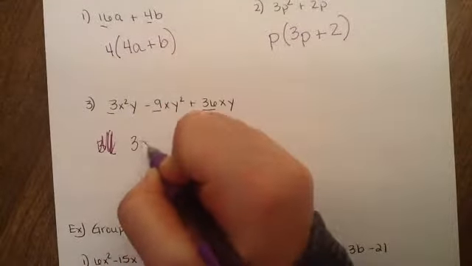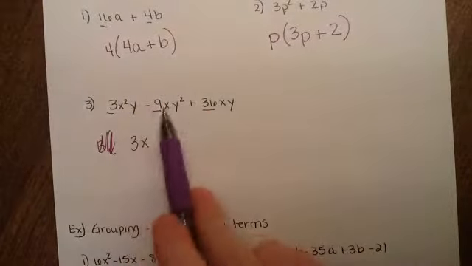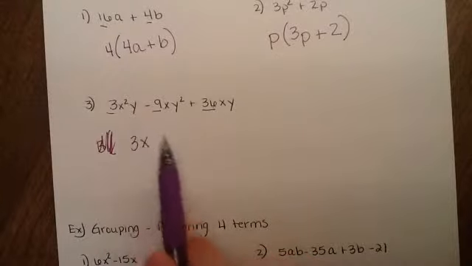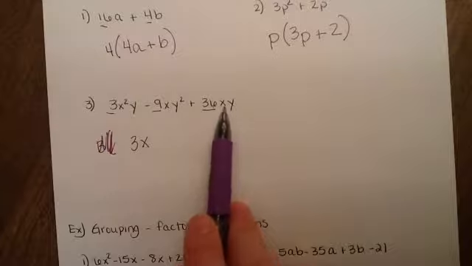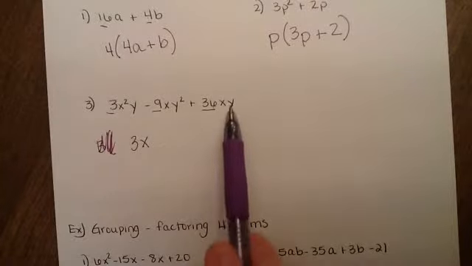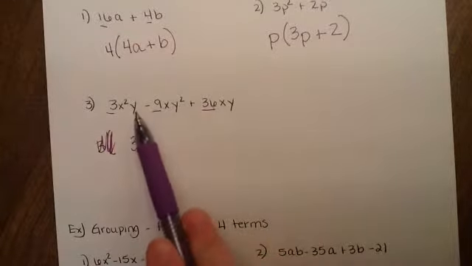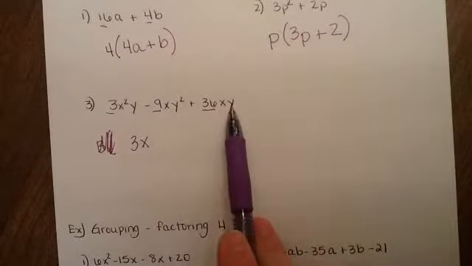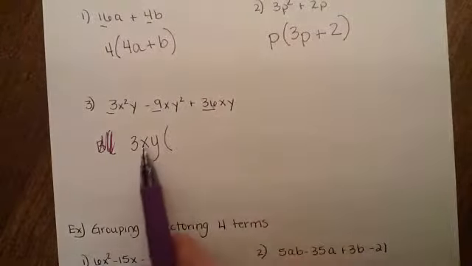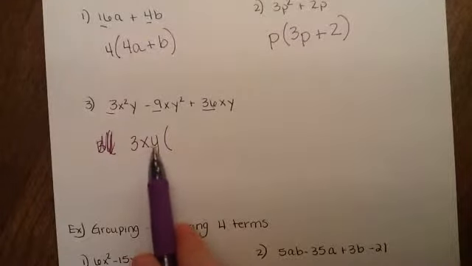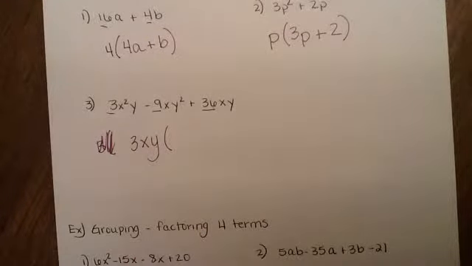So I'm going to have 3x. They all have at least one x. And what about y? Do they all have a y? Yes. What's the largest number of y's they have in common? Well, this one and this one only have one y, so I can only take one y out. But I can only take out variables if all 3 pieces have them.